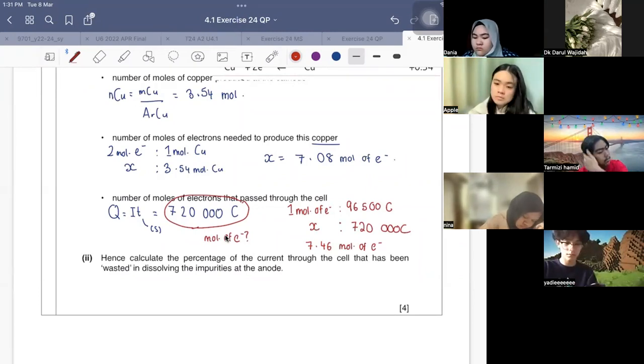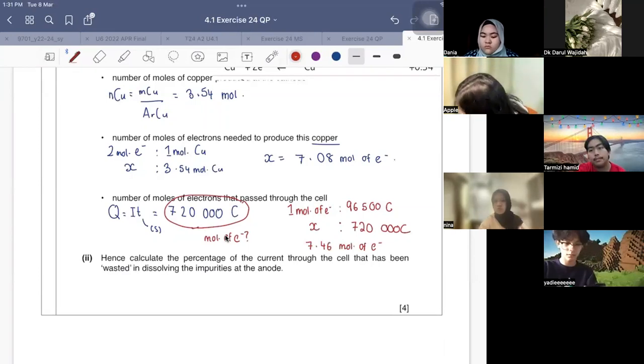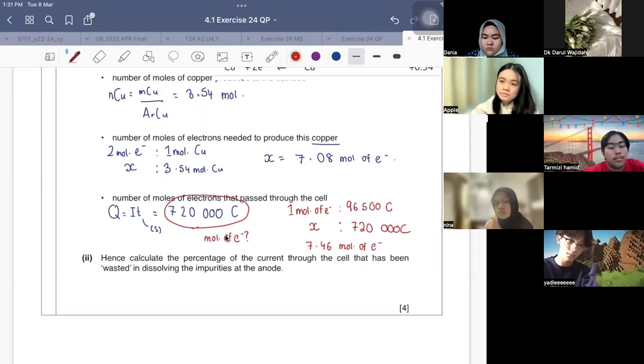If we say in this setup, I have 1 mole of electrons of charge, it means that I have 96,500 coulombs. Okay. If I say in this setup, I have 3 moles of electrons, the equivalent charge would be 96,500 times 3.